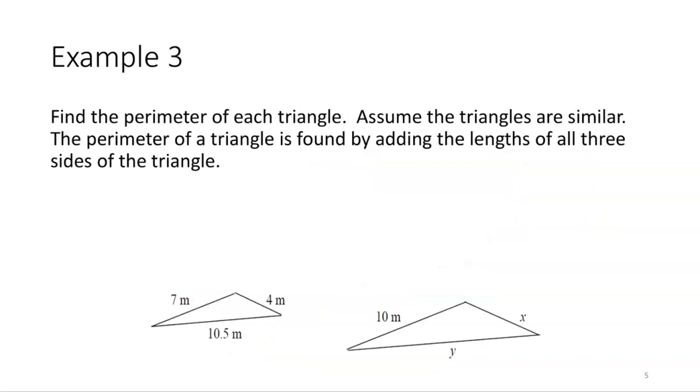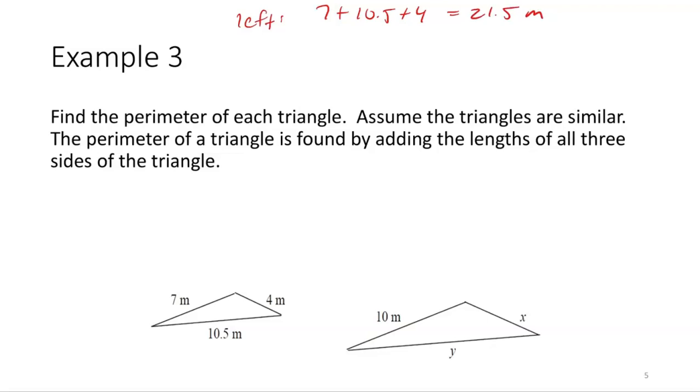All right, so let's find the perimeter of each triangle and assume the triangles are similar. The one on the left is simple enough. That's going to be 7 plus 10.5 plus 4 meters. So 7 plus 4 is 11, plus 10.5 is 21.5 meters. Now for the one on the right, we have to figure out x and y.